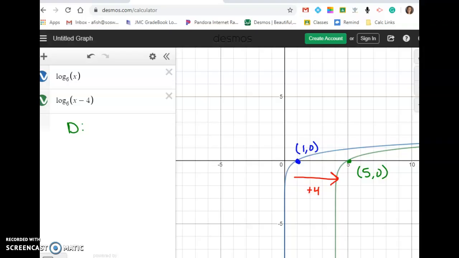The domain for our green graph here is from 4 to infinity. And looking at our range, it goes from negative infinity to infinity. Intercept, we don't actually have a y-intercept. It does have an x-intercept there at 5 comma 0, and our asymptote line is that 4.